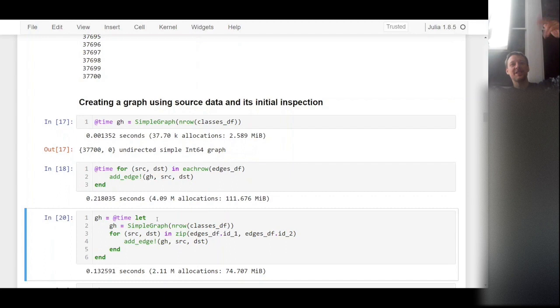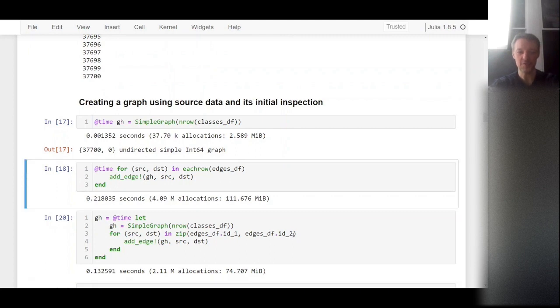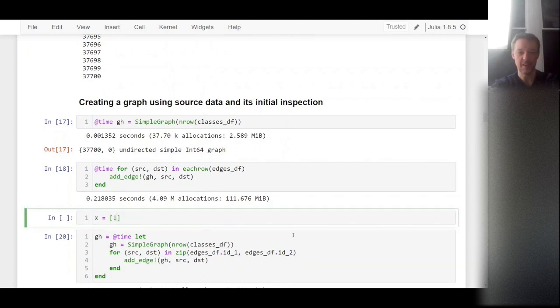No, so for edges, it's like 2 columns. No, so here the issue is not about number of columns, because the zip function, just to show you what zip function does.